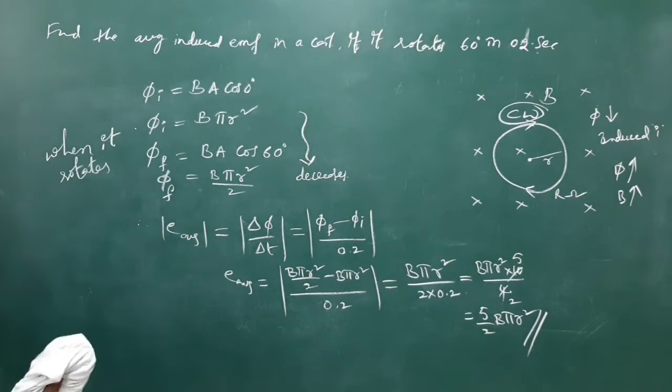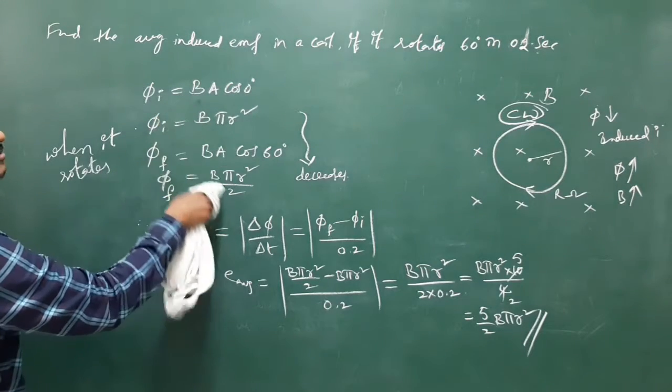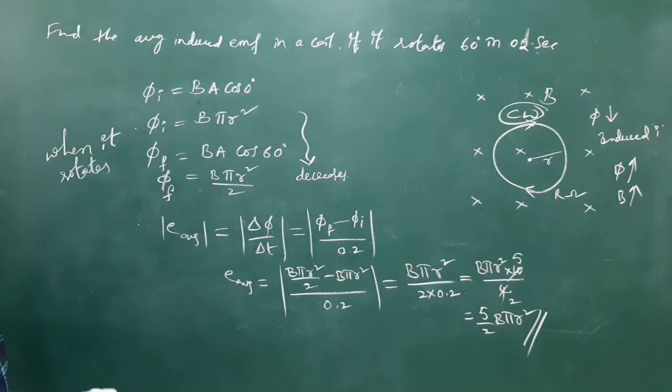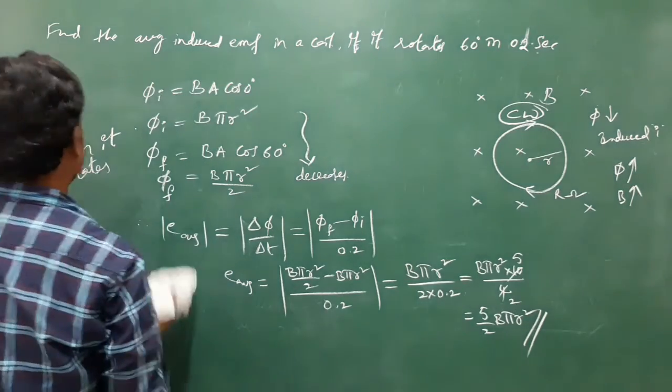So these are easy questions. If it rotates some 180 degrees, this is 0, this is 180, then you will get double, 2 BA, like that. So I'll give you one more question for getting some confidence.